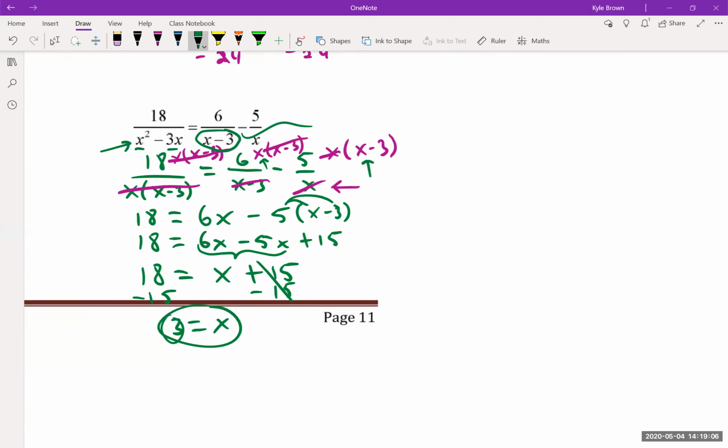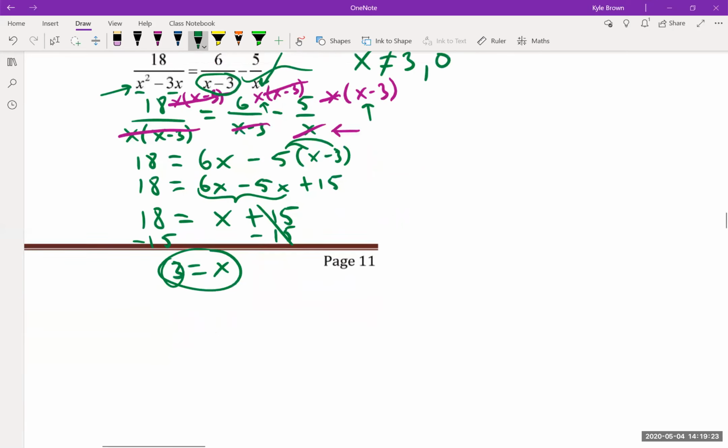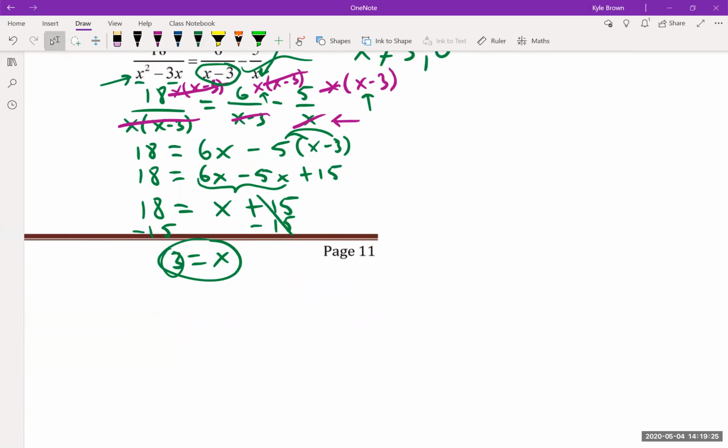That's going to have me dividing by 0. x is not allowed to equal 3. I should have had that at the beginning. You'd say x was not allowed to equal 3 or 0 either, because of that one, it can't be equal to 0. So if I get either of those answers, it's not right. And I did get 3 for an answer. So you'd say no solution.